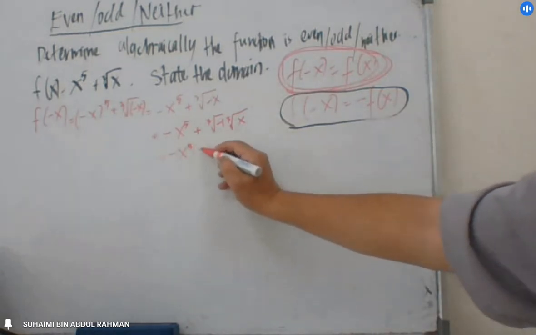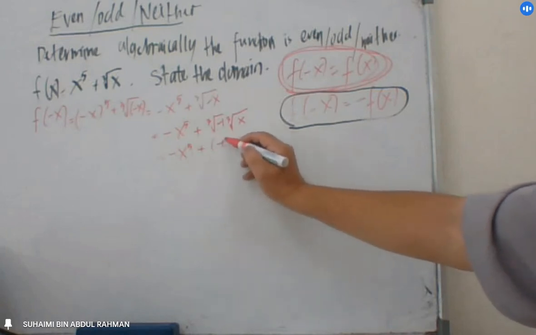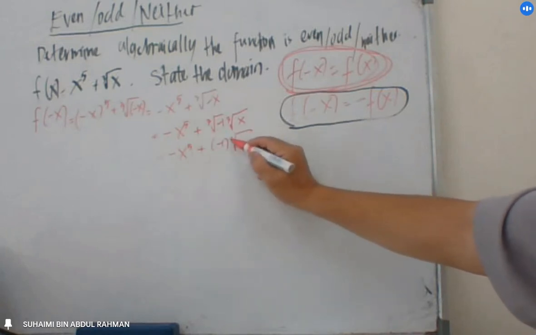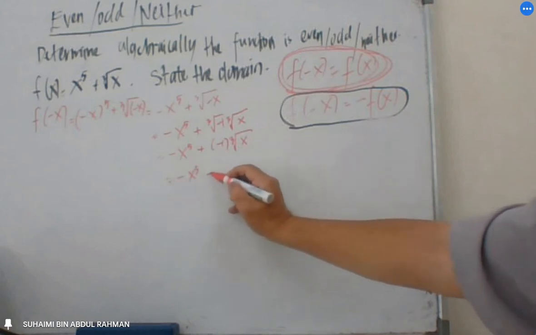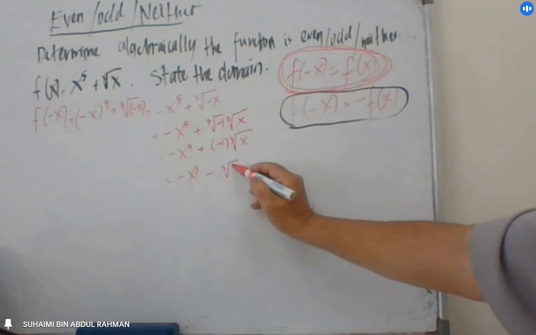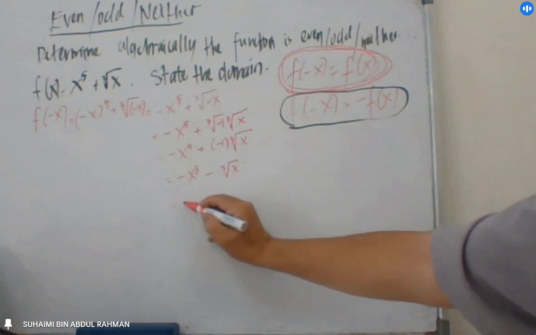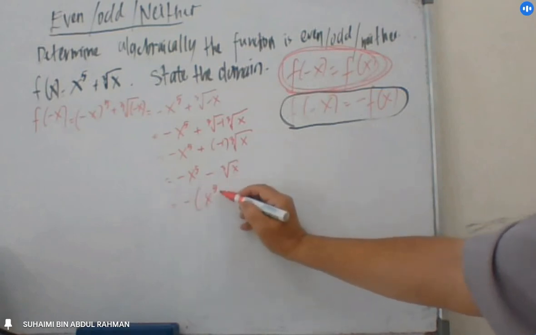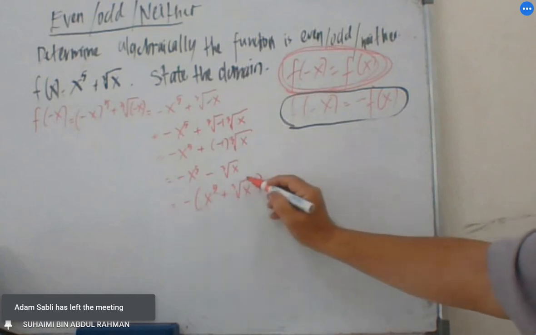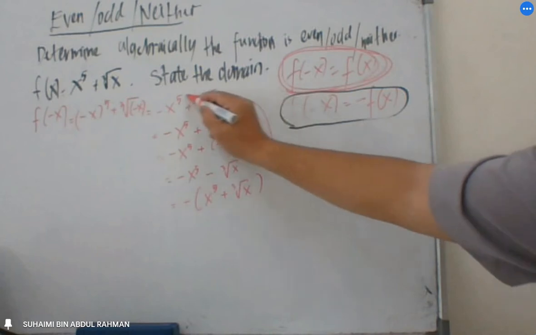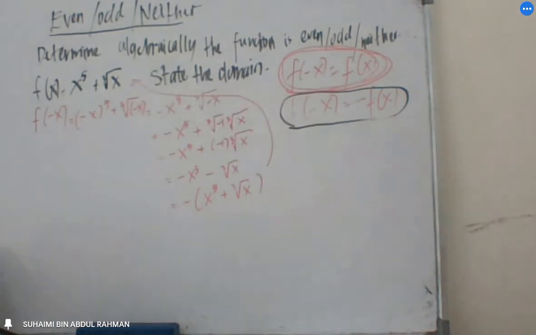So minus x to the power of 5 plus minus 1 cube root of x, or minus x to the power of 5 minus cube root of x. This is minus of x to the power of 5 plus cube root of x, which is minus f(x). Therefore, this function, again, is an odd function.